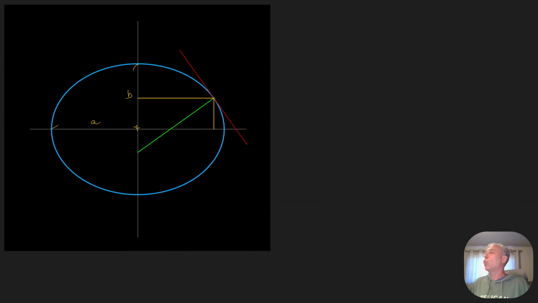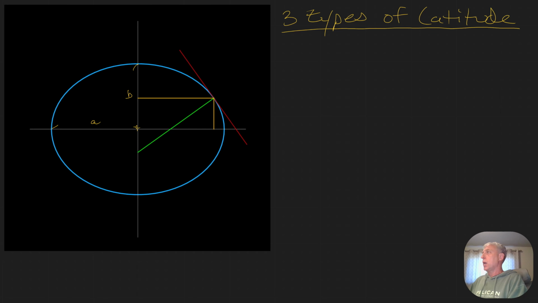On the ellipsoid, we can talk about 3 types of latitude. And we're going to just take these one at a time and talk about what they are. So I'm just going to erase the A and the B for now. We know what those are.